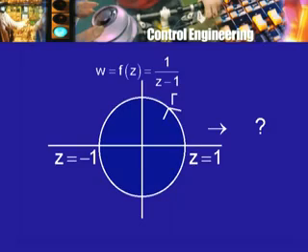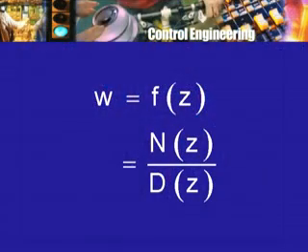And now we are ready for the general result. Namely, we have a function w, which is a function of z, which is given by a numerator polynomial n(z), n for numerator, divided by a denominator polynomial d(z). These two polynomials could be of equal degrees, or they could be of different degrees.